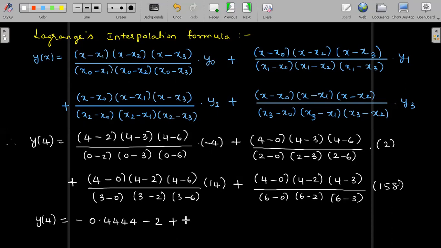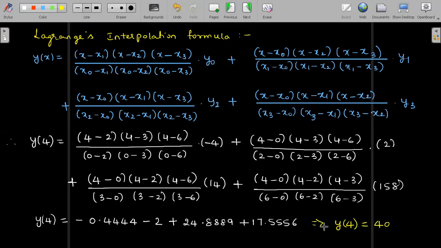Third term is leading to, these are all calculations, you can do it for yourself, 24.8889. And the last term on simplification is 17.5556. So this approximately is equal to 40.001. We can round it off to the nearest integer, which is y of 4 is equal to 40.